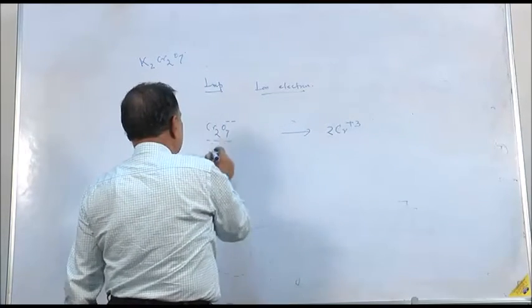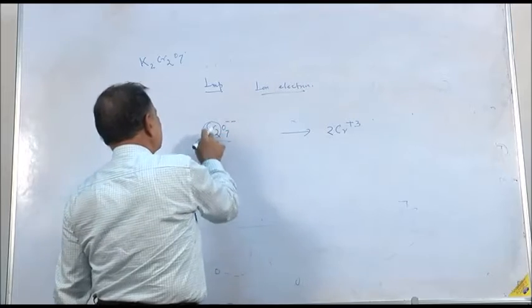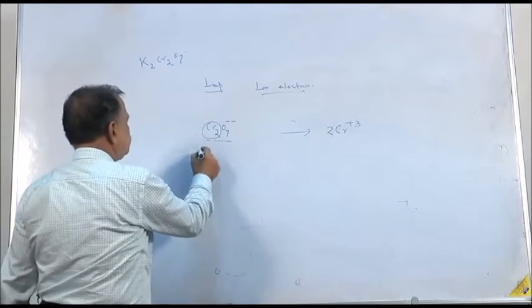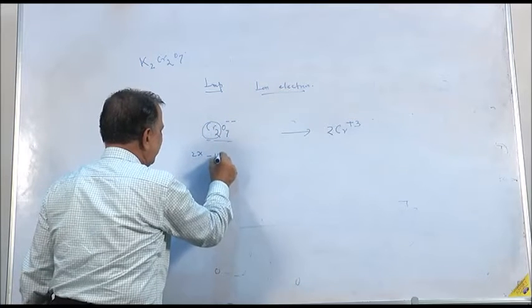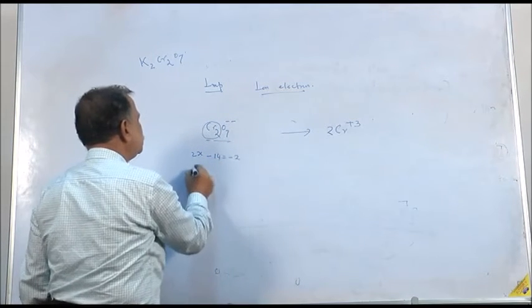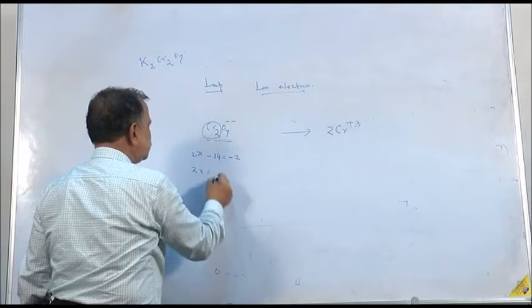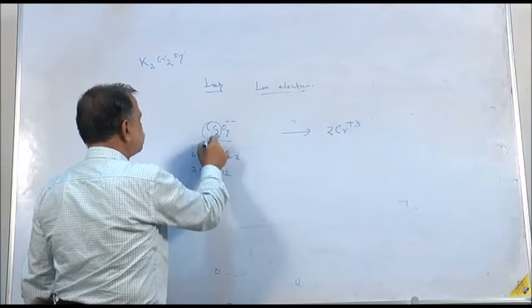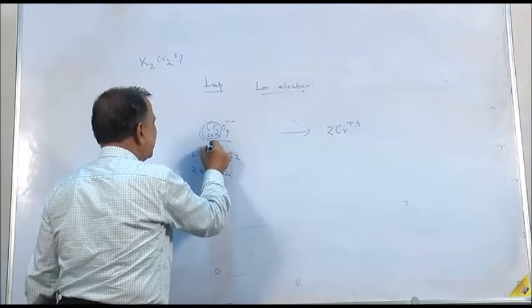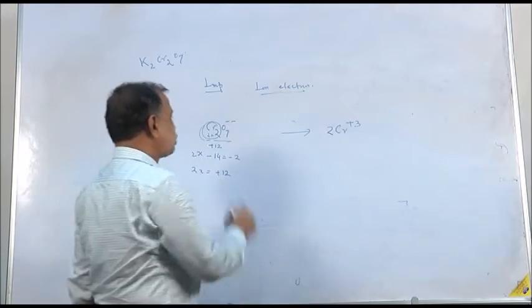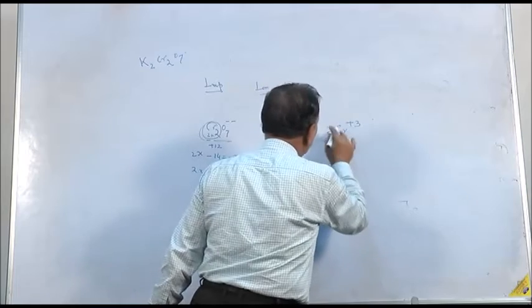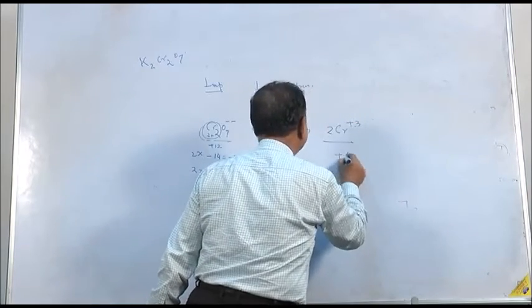Now for electrons, what is the total oxidation number here? 2 chromium, 2x, minus 14 is equal to minus 2, so 2x is equal to plus 12. Here the total is plus 12. On the other side, 2 into plus 3 is plus 6.